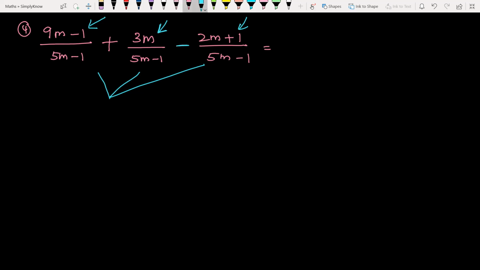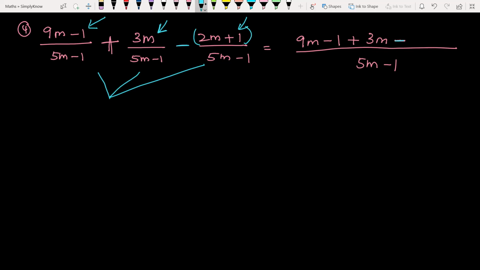So how do we simplify this? Our common denominator is 5m minus 1. Then the first numerator is 9m minus 1. For that, we need to add 3m. Then from this, we need to deduct this whole expression.